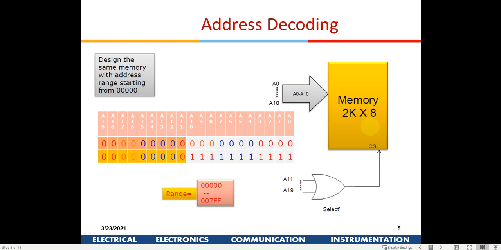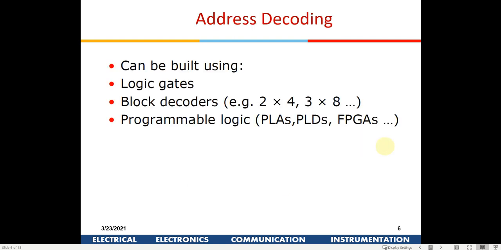Okay, so let's come to one more slide. This is known as address decoding, what I just explained to you. Right now we discussed how to do it with logic gates. We can also do this decoding using decoders, and you can also do it with PLAs, PLDs and FPGAs.